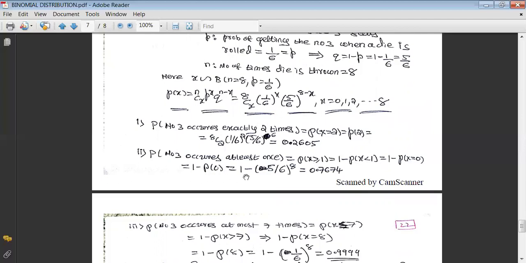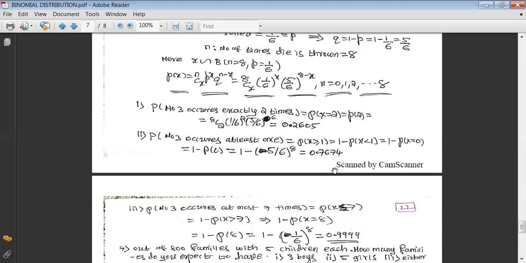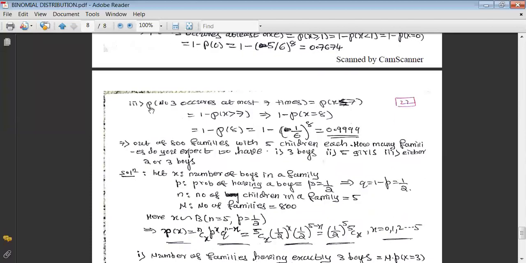That's why it is 1 minus p of 0. And once you take x equal to 0 here, it will be 5 by 6 raised to 8. Its calculation results in the value 0.7674.